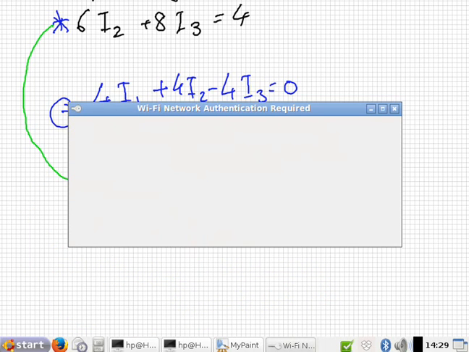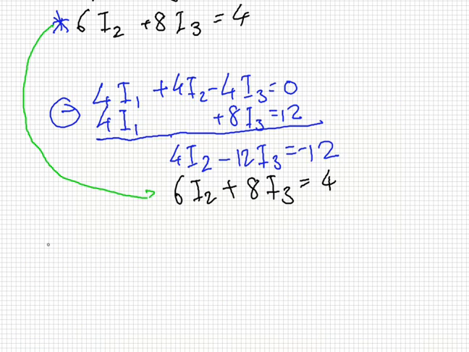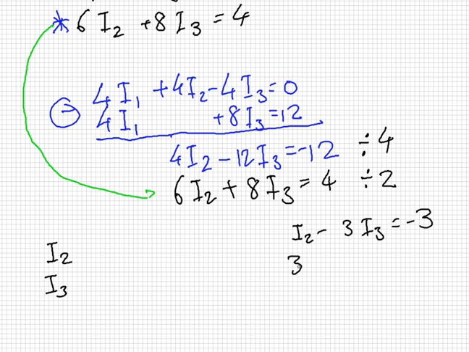For fun, let's use the matrix method. Actually, before I do that, I could divide this by 4 and divide this by 2, just to make it a little smaller. So I have I2 minus 3I3 equals minus 3, and 3I2 plus 4I3 equals 2.